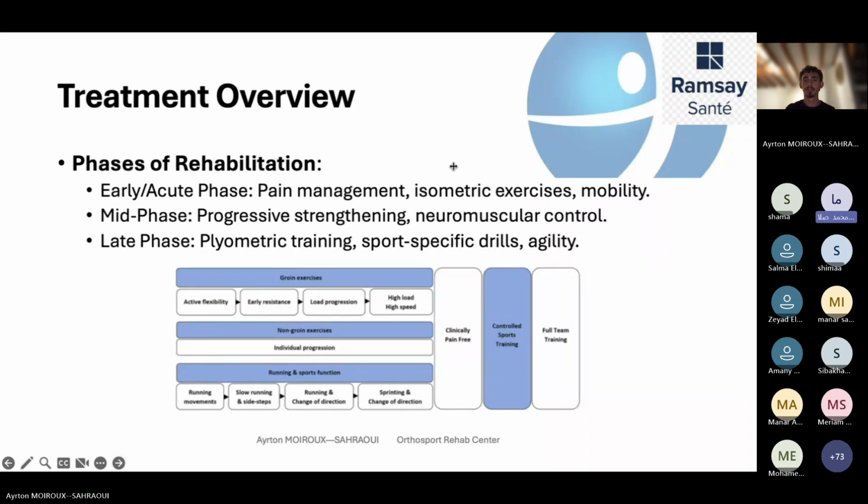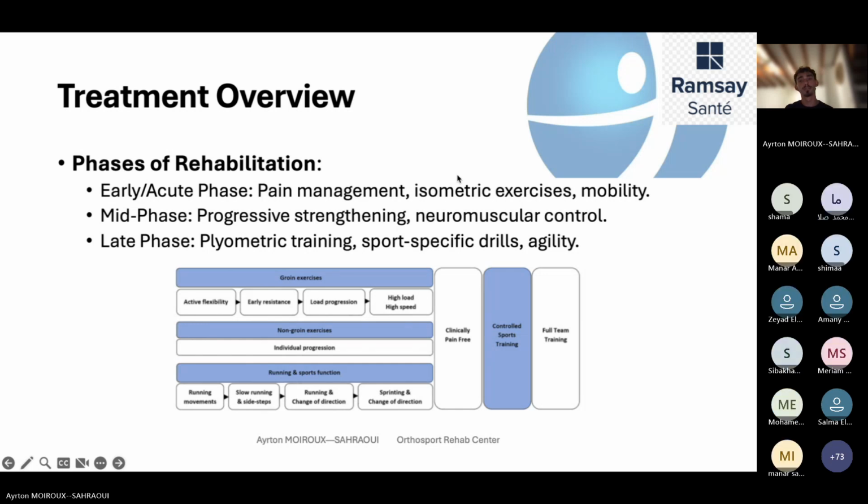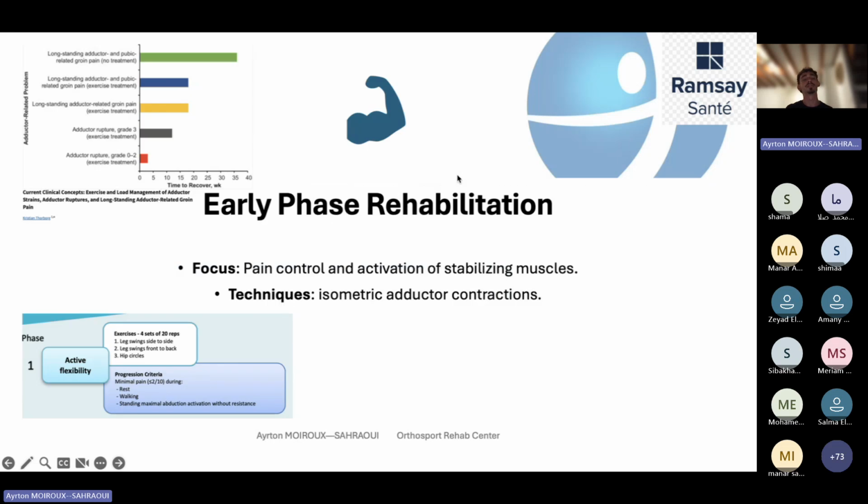So at early phases, I deal with pain, just pain, or we start eccentric exercises. The change from acute to chronic is that in the acute phase there is some inflammation that you will have to work on.